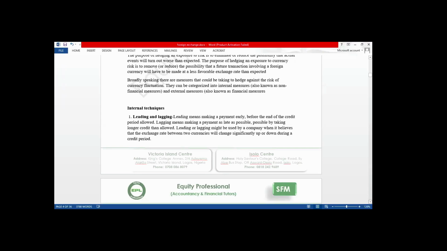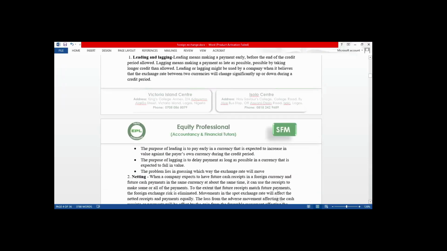Lagging means making payment later, delaying payments to a later period. You can use leading or lagging to hedge against exchange rate fluctuation. The purpose of leading is in a currency that is expected to rise in value.